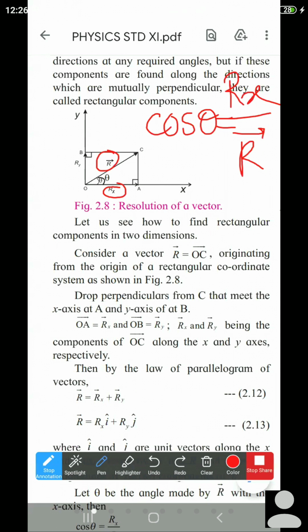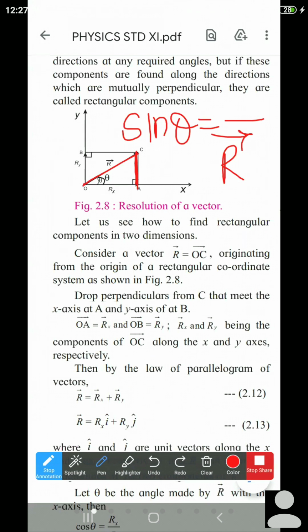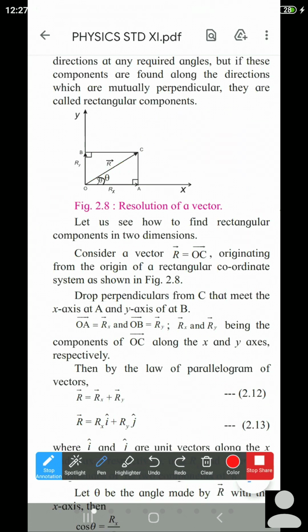ठीक है. और sine theta का क्या होगा? बोलो. Opposite side upon diagonal. Opposite side तो CA है और diagonal R bar है, तो मैंने diagonal लिख दिया R bar. CA opposite side है, but here this is a rectangle or we can say parallelogram also. If this side is congruent with this side, right?